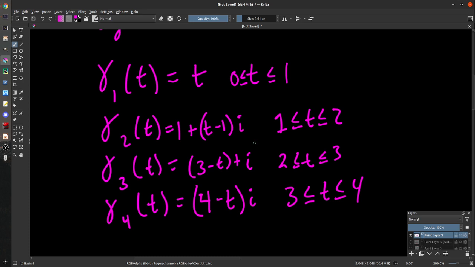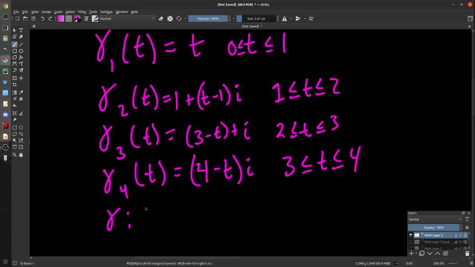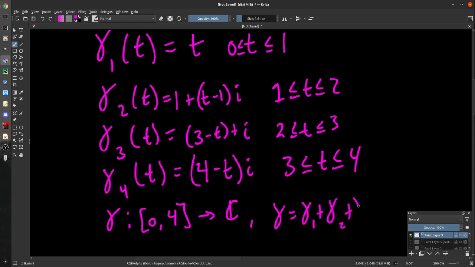Then we'll form gamma from each of these, 1 plus 2 plus 3 plus 4. So we just put them together one after another, and we'll be tracing out the edges of a square, right?